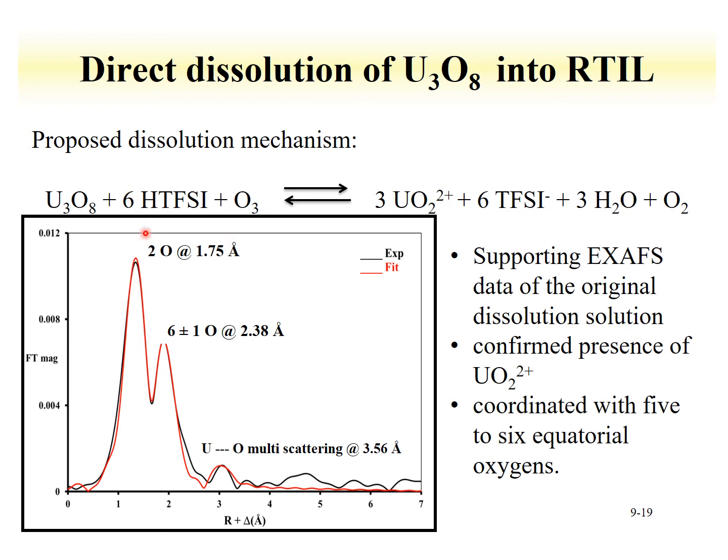These are the yl oxygens on uranyl. These are the coordinating oxygens from TFSI. So this shows that this reaction forms the oxidized UO2 in the TFSI solution, and that any chemistry at this point is done with uranium, the uranyl.